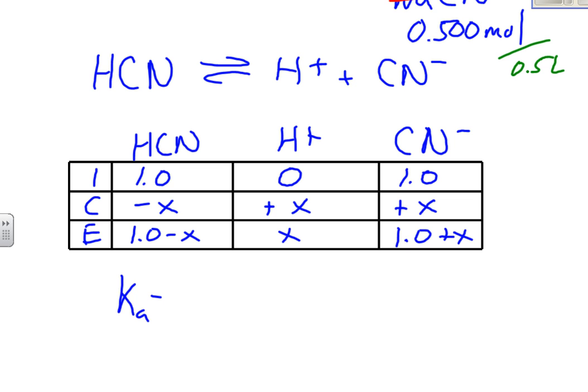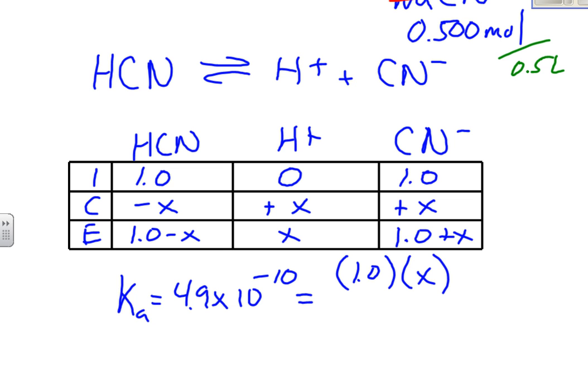So we get Ka equals 4.9 times 10 to the minus 10th, which is equal to 1.0, and we're going to drop the plus x, times x, divided by, and again over on the HCN side, we'll drop the minus x, so 1.0. And lo and behold, we get that x is equal to 4.9 times 10 to the minus 10th.